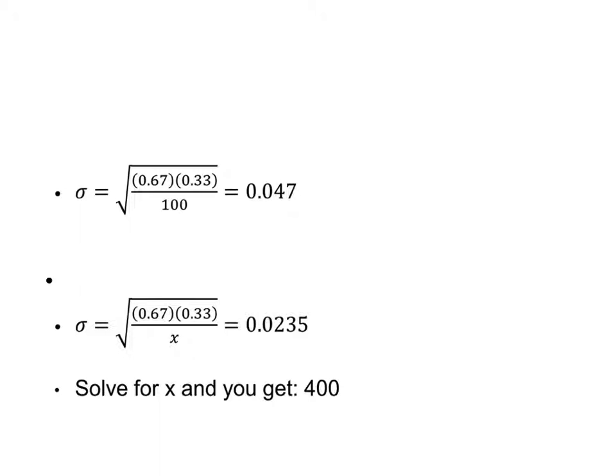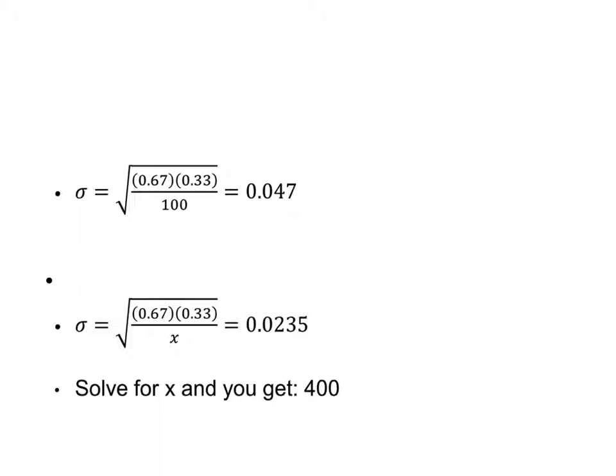So how do we know what sample size will give us half of that? Why don't we just divide 0.047 by 2 to get 0.0235? Set our sample size to x and then solve for it.